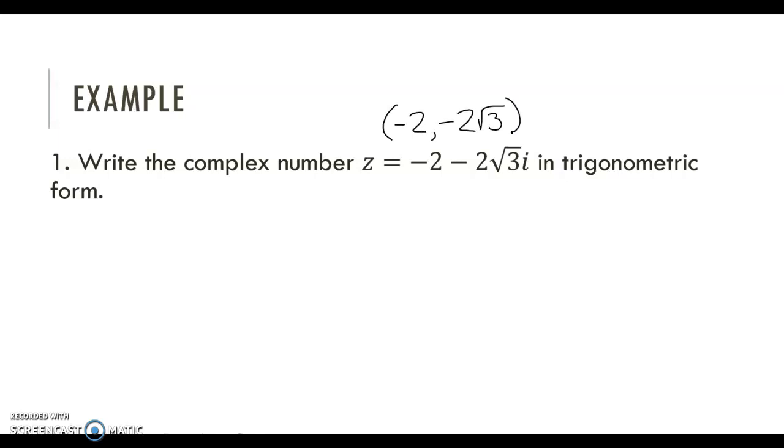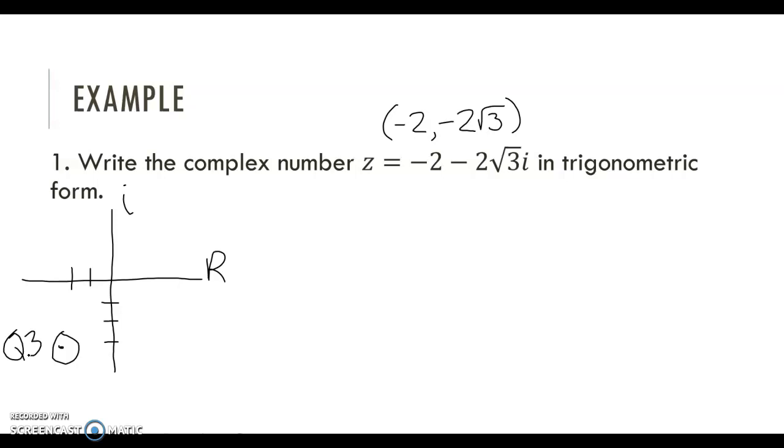This is the real axis, this is my imaginary axis. I would go backwards 2 and then down 2 square root of 3, and I'm just going to estimate where that is. This tells me the point is going to be in quadrant 3, which will be important when we calculate theta.